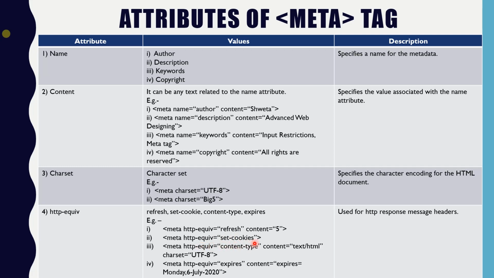Next is http-equiv is equal to set-cookie. Now what are cookies? First you should know cookies. Cookies means not those biscuits which you're eating, not that cookies. These cookies are small files which are created in your computer when you browse anything. Whenever you're using the internet and search anything, these cookies will be created in your computer, and they keep track of your information, and this file will be exchanged between web browsers and web servers.